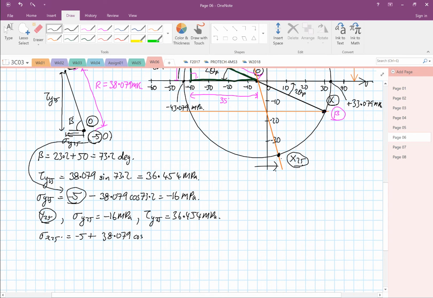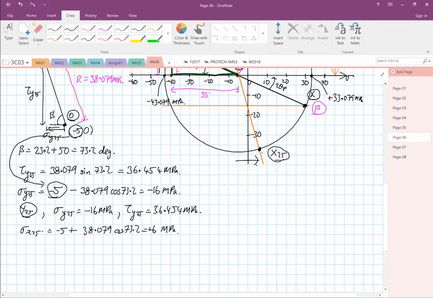38.079 times cos 73.2 minus 5 is equal to 6.006, or 6 megapascal. You look at here, it's on the positive side.